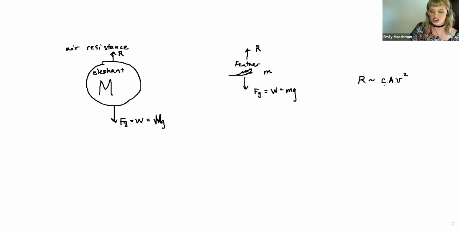So it could be air, could be water, could be oil, whatever it is. We don't need to worry about that very much. Resistance makes sense that it would depend upon the surface area of the object and its velocity. The faster the object is moving, the more air molecules that it's hitting, the more resistance it's going to feel.